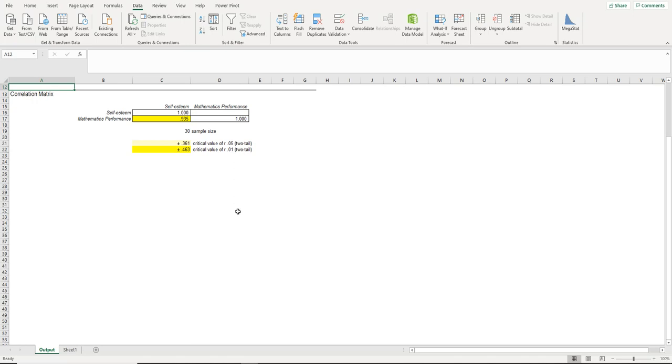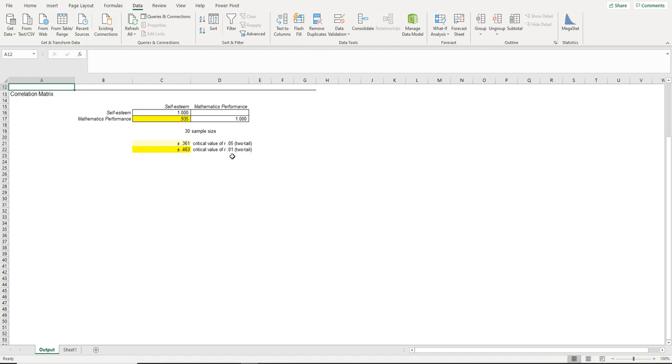In the input range, we have the correlation matrix. In the correlation matrix, self-esteem versus mathematics performance has an r coefficient of 0.935. As we can see here, the cell is highlighted with a golden yellow, a dark yellow color. This means that the r, which is 0.935, is statistically significant at 0.01.